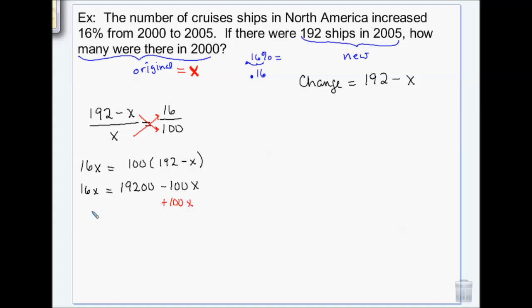Then add 100x to both sides. We get 116x is equal to 19,200. Divide by 116.